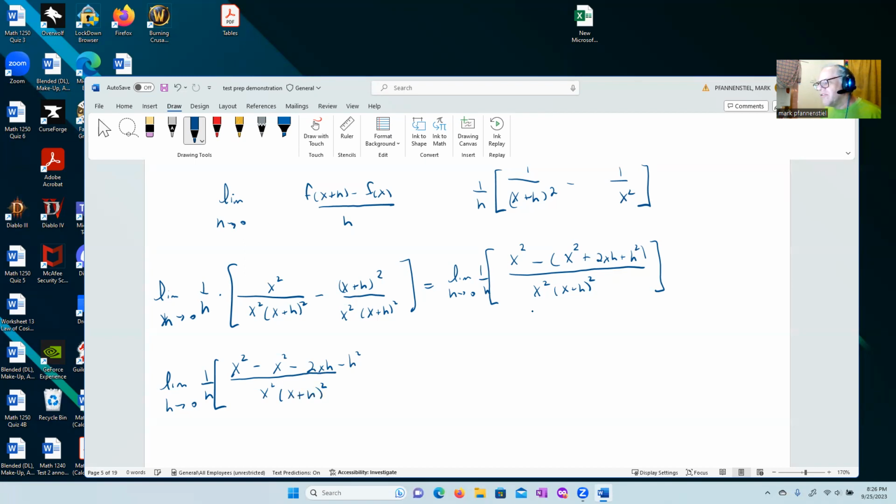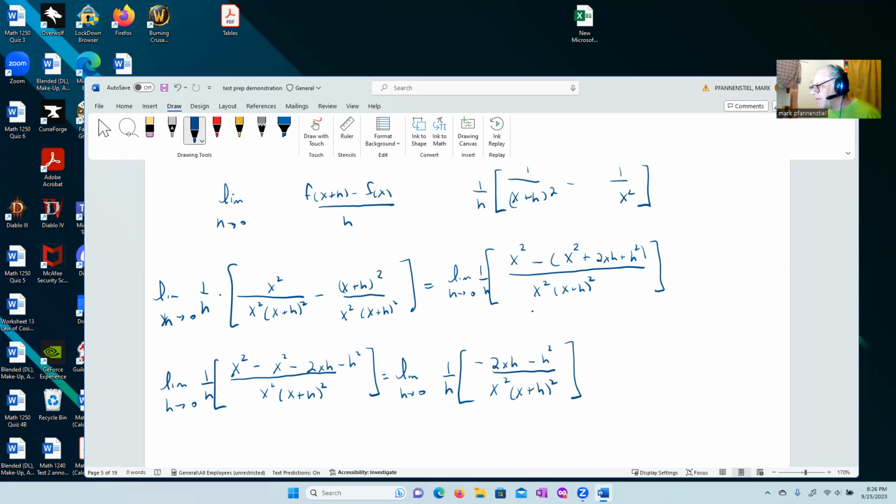Okay, let's clean up the top here. So we have the limit as h goes to 0. x squared minus x squared, well, that's 0. So we have 1 over h here, and negative 2xh minus h squared, and then x squared times (x plus h) squared. Well, at this point there's an h common to both terms in the top.